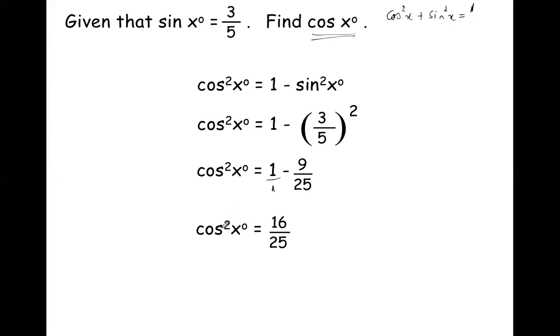Because it's a square, you need to square root, and you've got two answers. The square root of cos square x gives cos x, and the square root of 16/25 is 4/5.